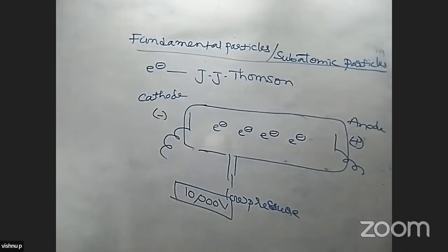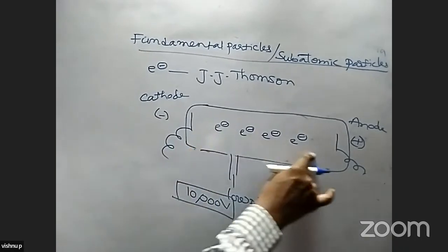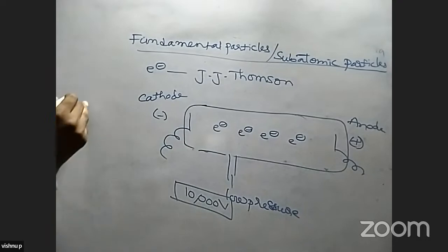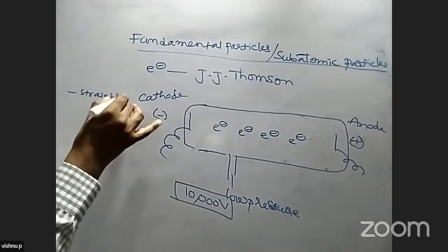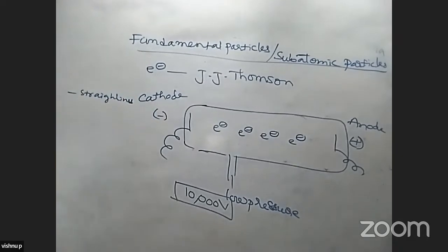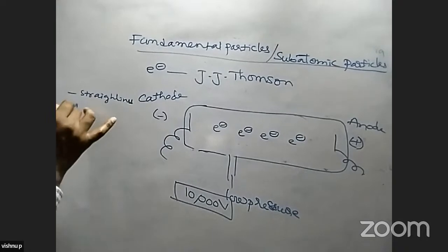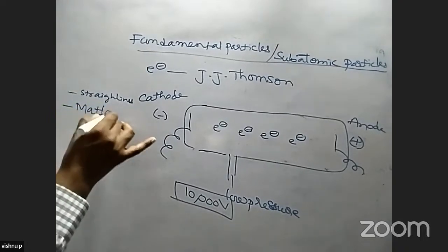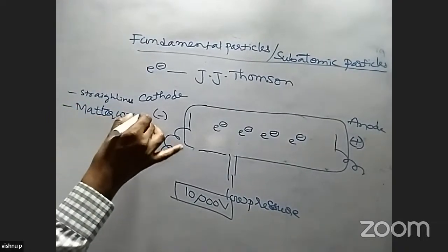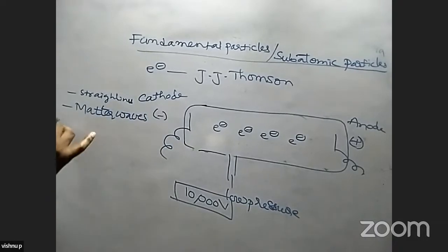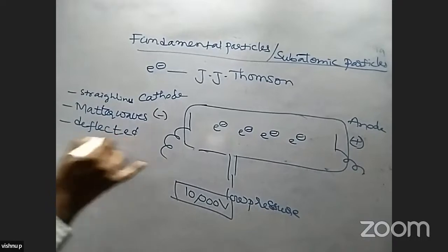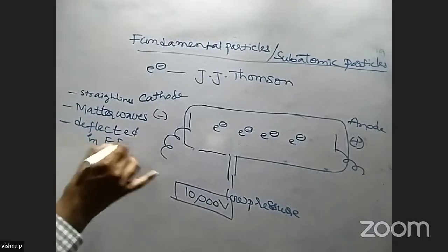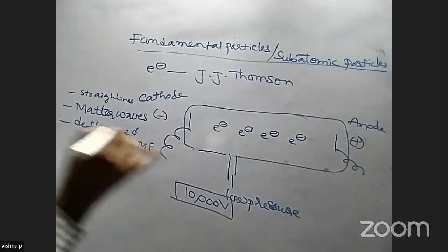What are the properties of cathode rays? Cathode rays travel in straight lines. Cathode rays are matter waves, because they are obtained from matter. They are deflected in electric and magnetic fields.